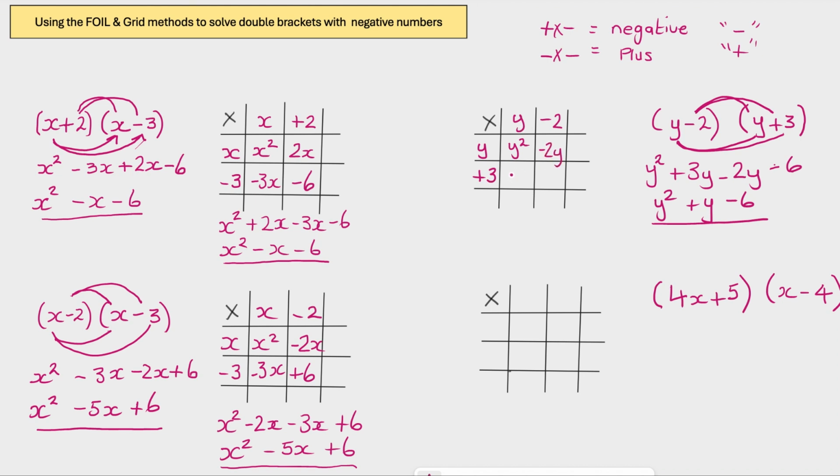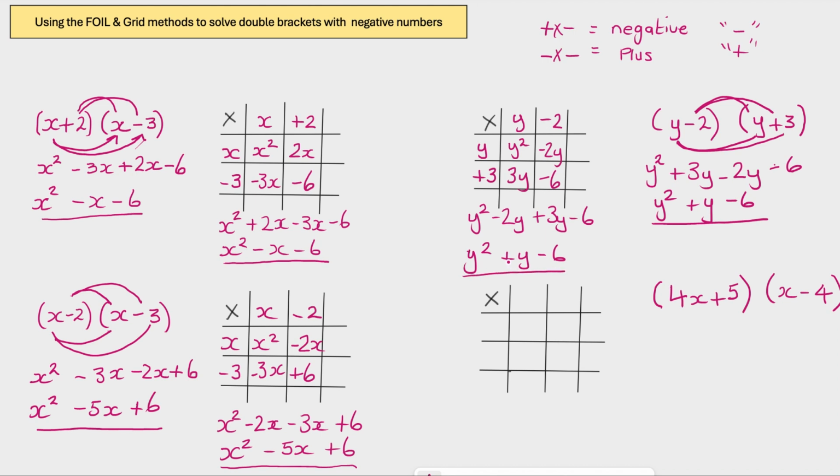Plus 3 times y is 3y. 3 times minus 2 is minus 6. Put it all together. We've got y squared minus 2y plus 3y minus 6. Collect like terms and simplify. Y squared plus y minus 6.